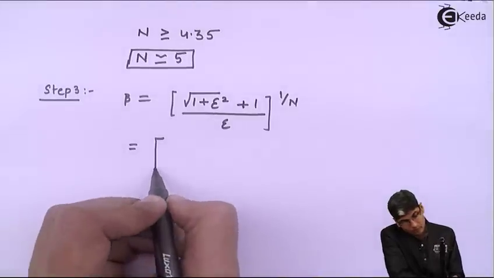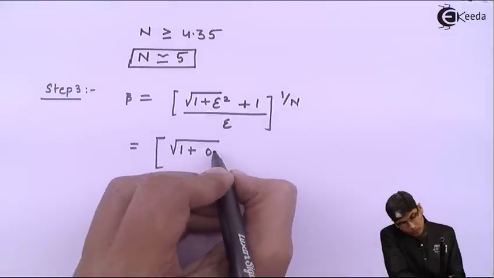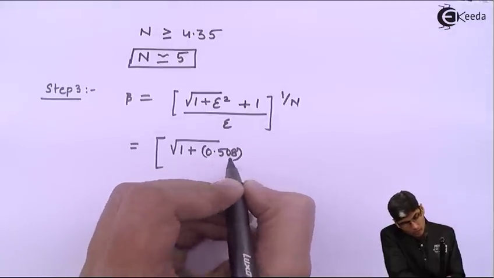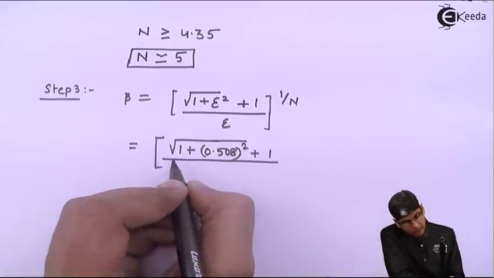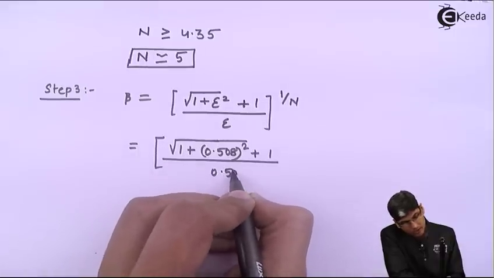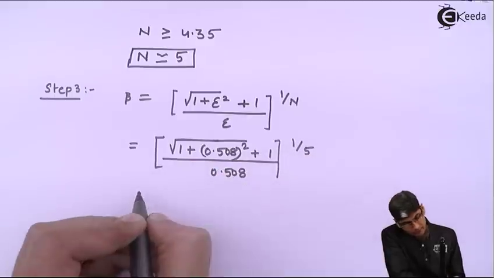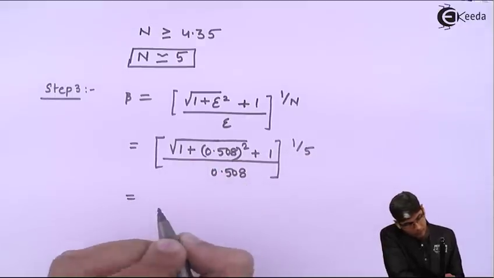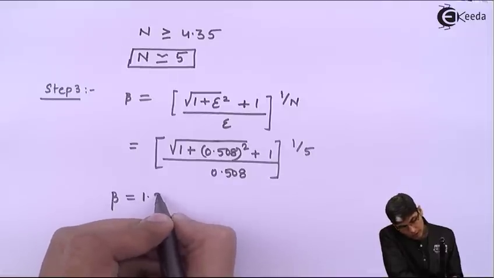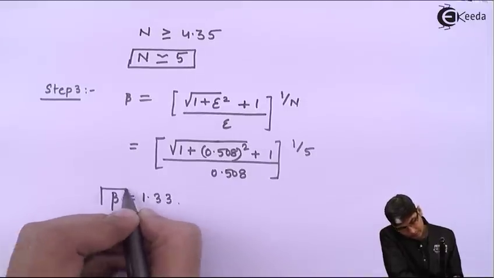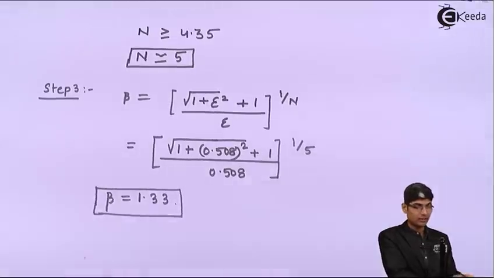It will be root of 1 plus 0.508 the whole square, plus 1, this is whole under root, divided by 0.508, the whole raised to 1 by 5. Therefore you are going to get beta as 1.33. That is the calculation for beta.